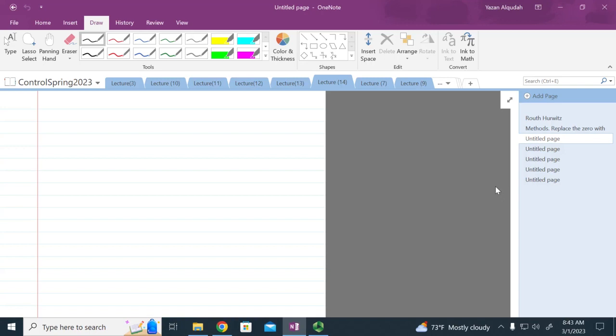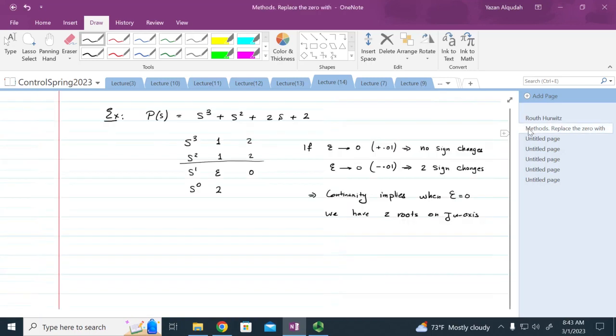They both mean the same thing. If you have different sign changes going from right and going from left, the difference between them is going to be the roots that are on the j omega axis. I mean, try to find an example. We can do it.